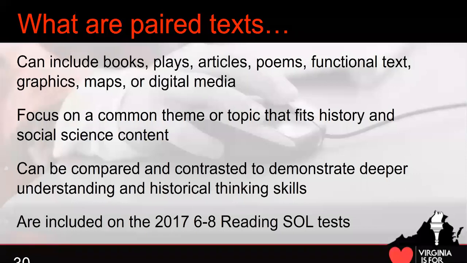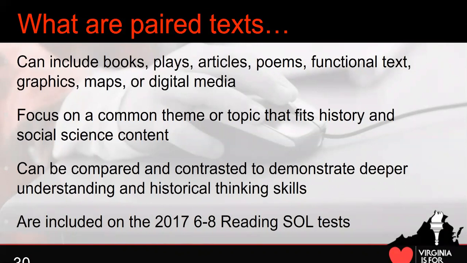So again, going into a little more detail on paired texts, what can they include? It doesn't necessarily just have to be two passages next to one another. It can be, and that's still a very productive and engaging way to use paired text. But think about pulling in, in addition to nonfiction and articles and things of that sort, short stories and poems.